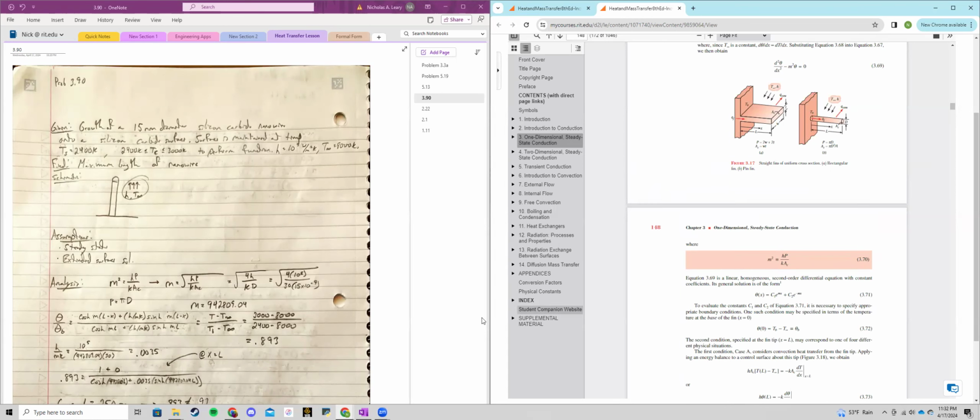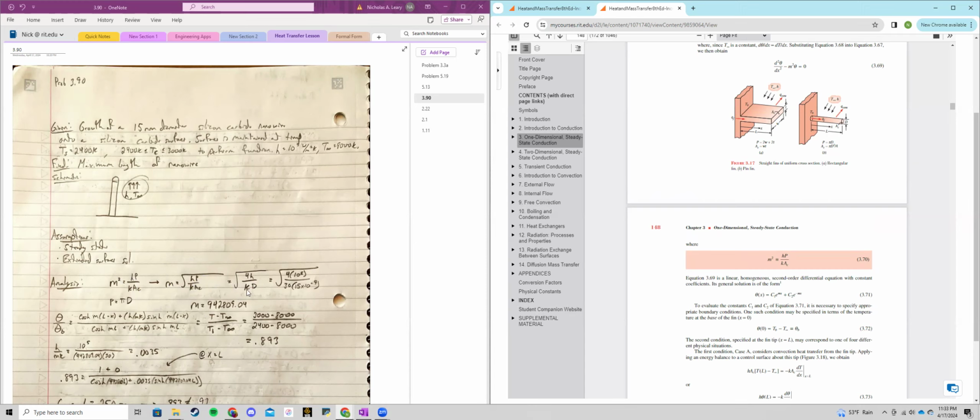So I just moved the squared term over, so we know that m is equal to the square root of hP over kAc. So up here it says that P is equal to pi times D, and then our Ac is pi D squared over 4. So breaking down these two components, we can then solve this equation using these terms.